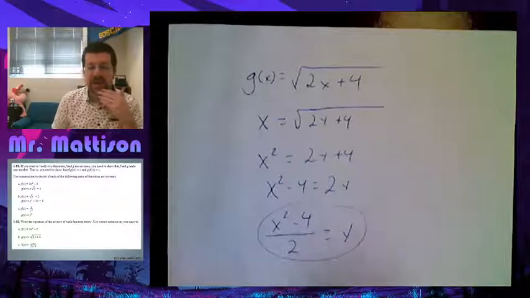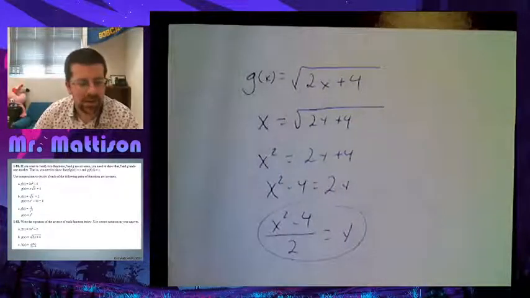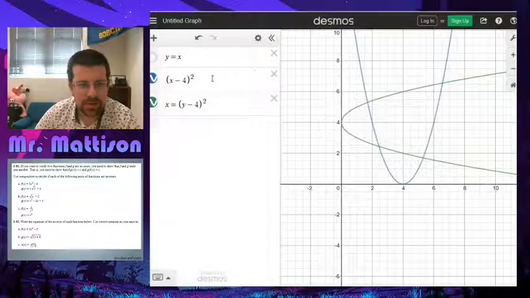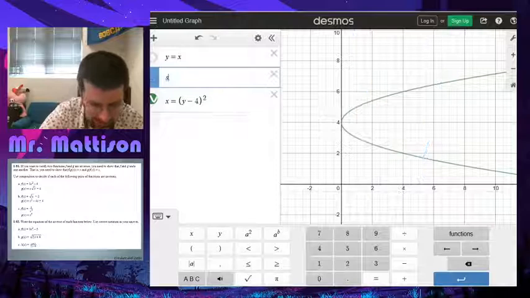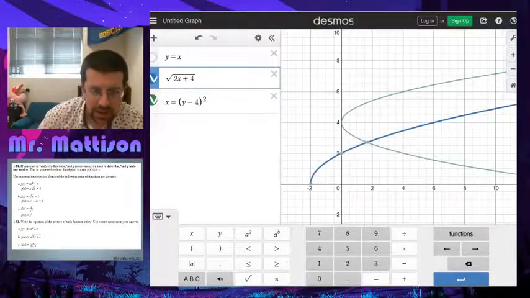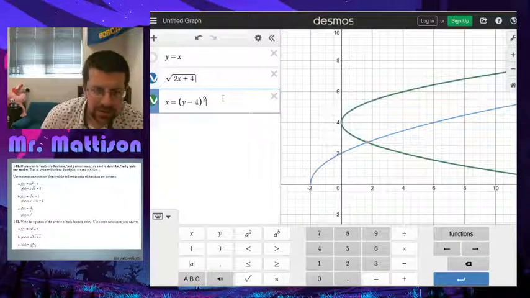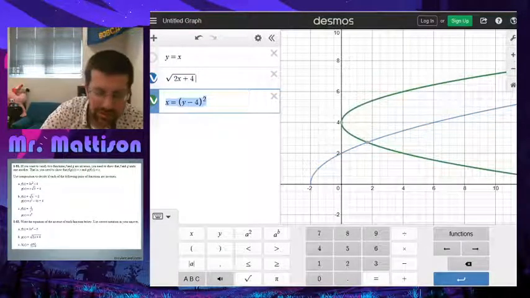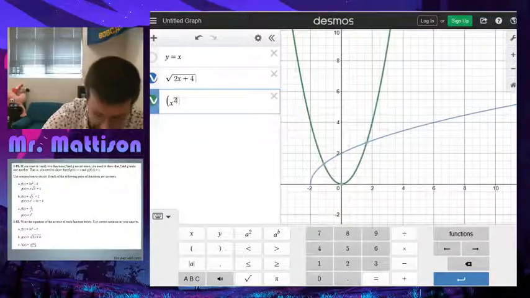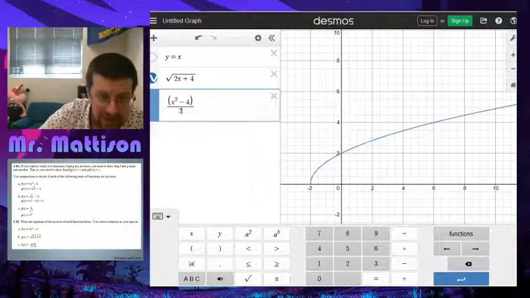Okay. Now, if I graph these, there's going to be a problem. So let's take a look at those graphs. My first one was the square root of 2x plus 4, and then my inverse, I said, was (x squared minus 4) divided by 2.